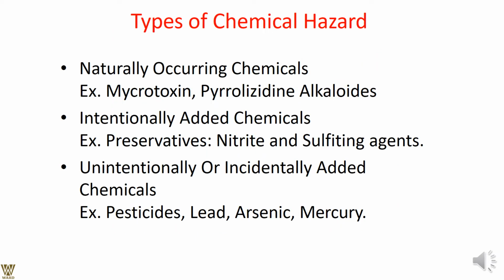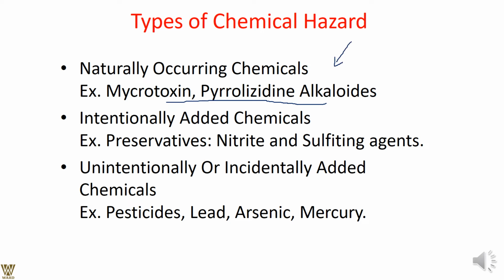Now let us understand the types of chemical hazard that come around it. Naturally occurring chemicals we are talking about are mycotoxin, alkaloids, pyrrolizidine. These are naturally occurring chemicals which are detrimental altogether.